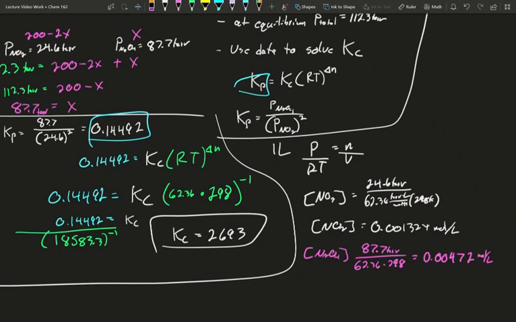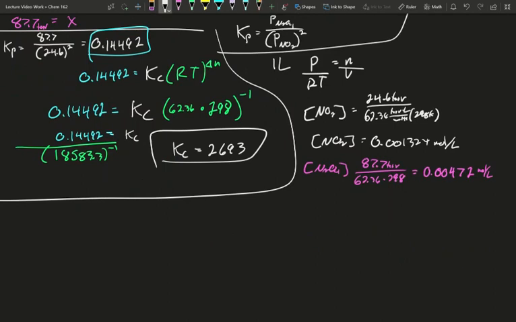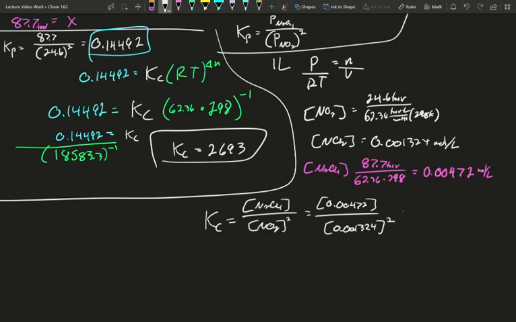This gives us concentration values. Well, our Kc is just going to be products over reactants, but in concentration form. So our N2O4 over our NO2 squared, which will be 0.00472 over 0.001324 squared, which if we calculate will give us 2,693.